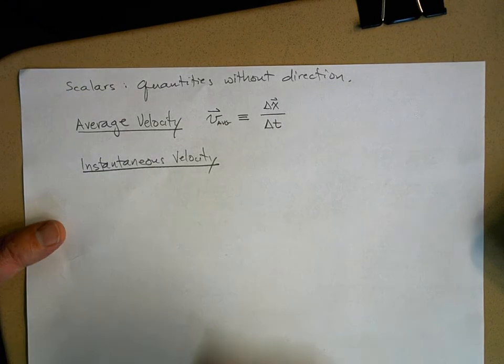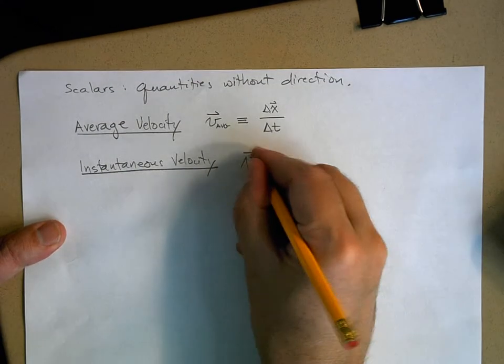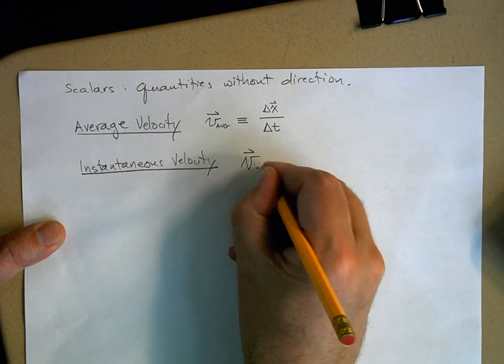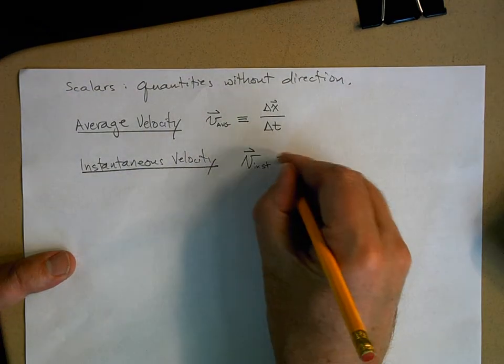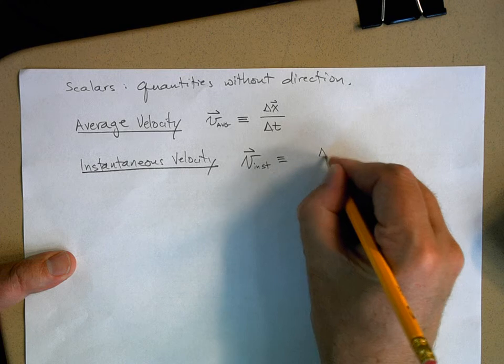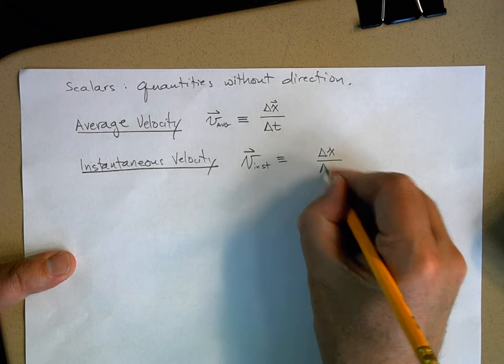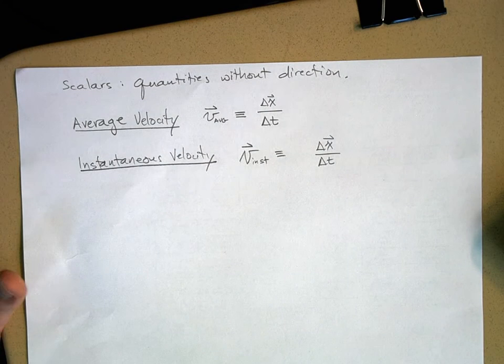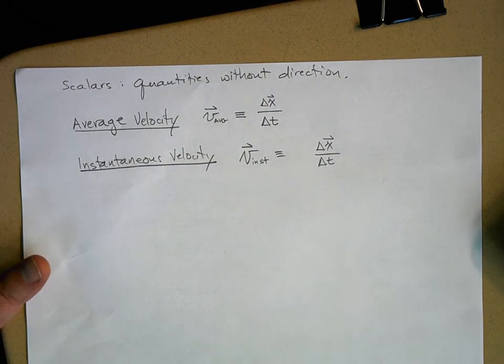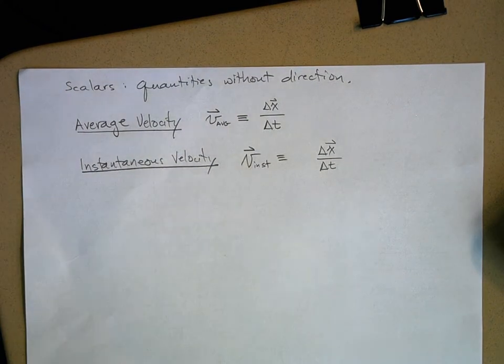And so I'm going to go like this. Now, later on, we're going to drop the INST for instantaneous. But by definition, it is equal to delta x over delta t. But where delta t is right now, what does that mean if I say delta t is right now? What is true about delta t if you're talking about an instant?